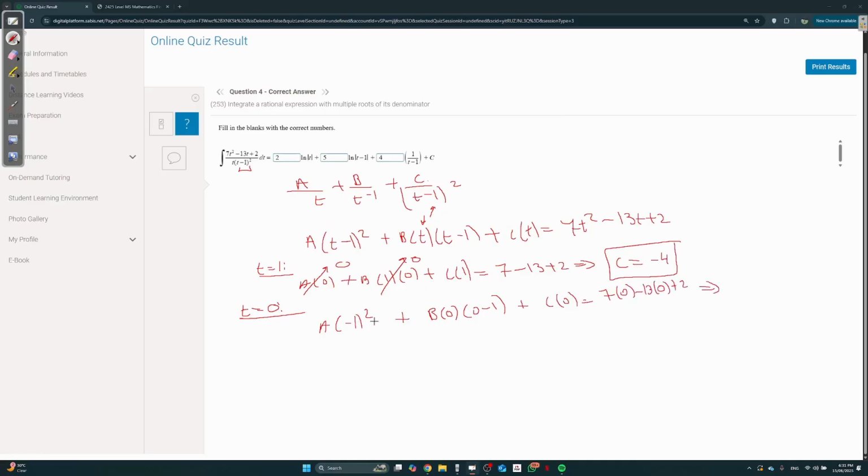So what are you going to get? This cancels. This cancels. So you're going to get a. Negative 1 squared is 1. Don't make that mistake of putting it as negative a. It's a equals. There's nothing left on the left. So equals 7 times 0, 0, 0, 2.